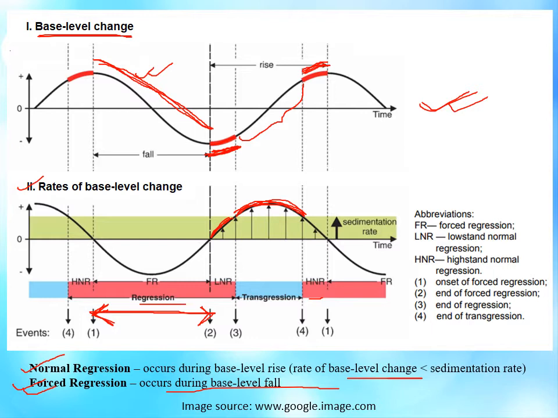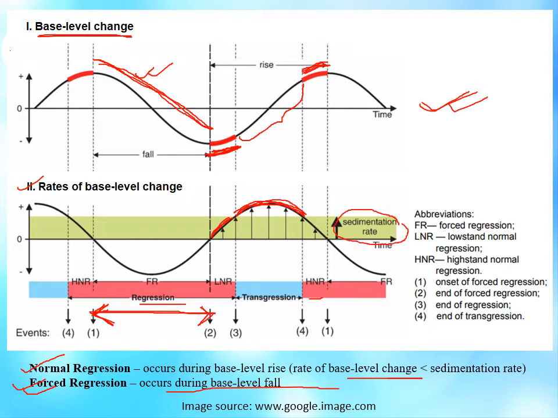So you can understand that not only the sea level change is the guiding factor for transgression or regression, but along with the sea level changes, whether an area will suffer transgression or regression will also depend on the sedimentation rate.